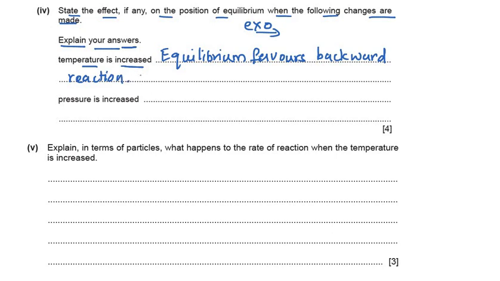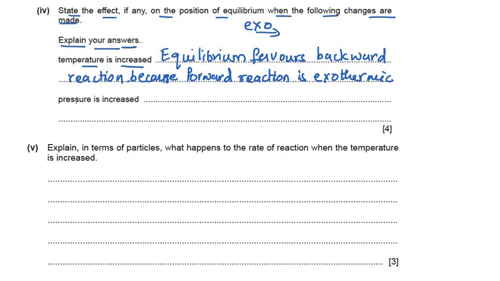Now the reason we are supposed to explain is that because forward reaction is exothermic, so to oppose the change, the equilibrium will favor the backward reaction, that is endothermic side.